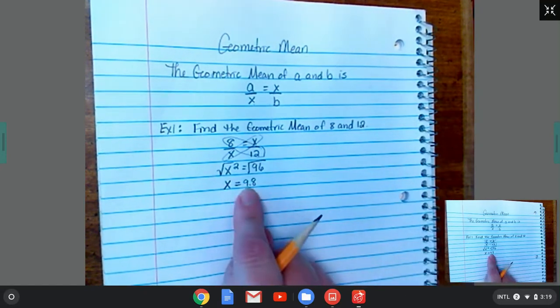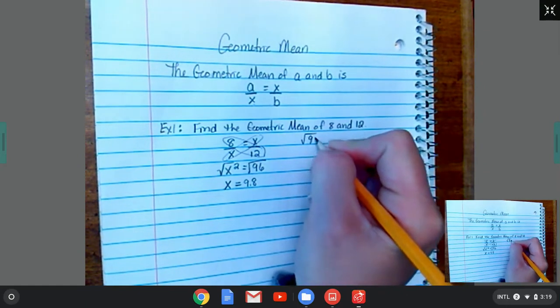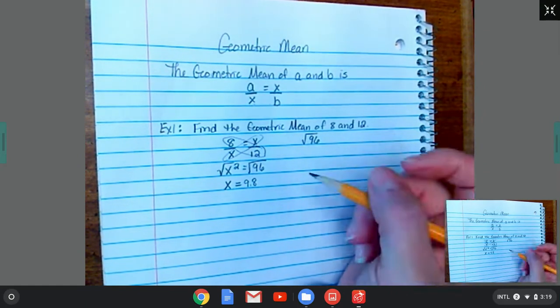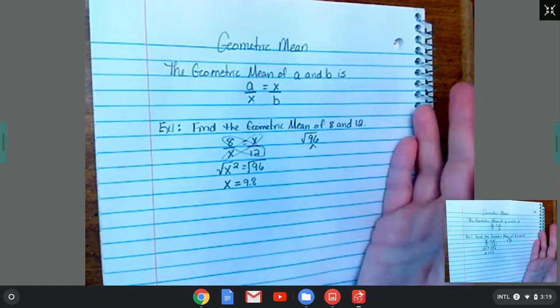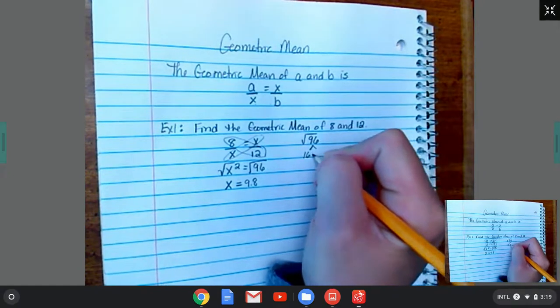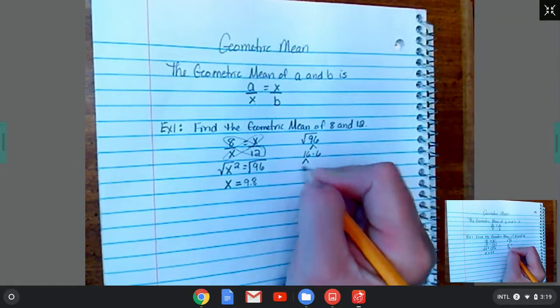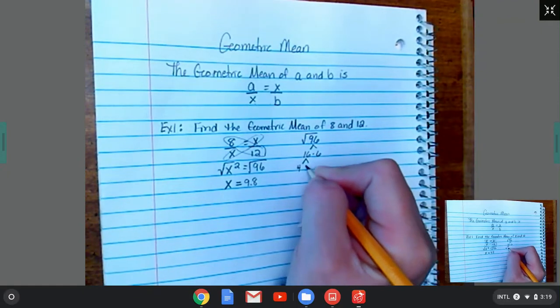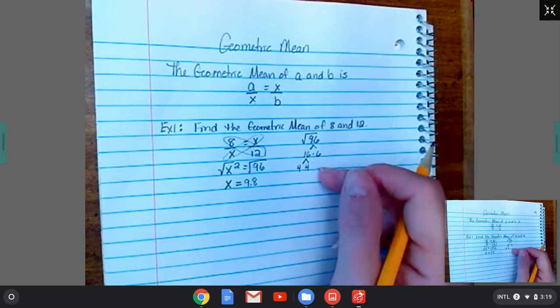Okay, since it didn't come out to be a whole number, we should try to break it down. So we bring it over here to the side, and we try to find the biggest number we can get that'll go into 96. Remember we're trying to do perfect squares if we can get those. Well, I found 16 times 6 is 96. And then 16 has factors 4 and 4. 6 breaks down like 2 and 3, but they're not going to be equal factors.